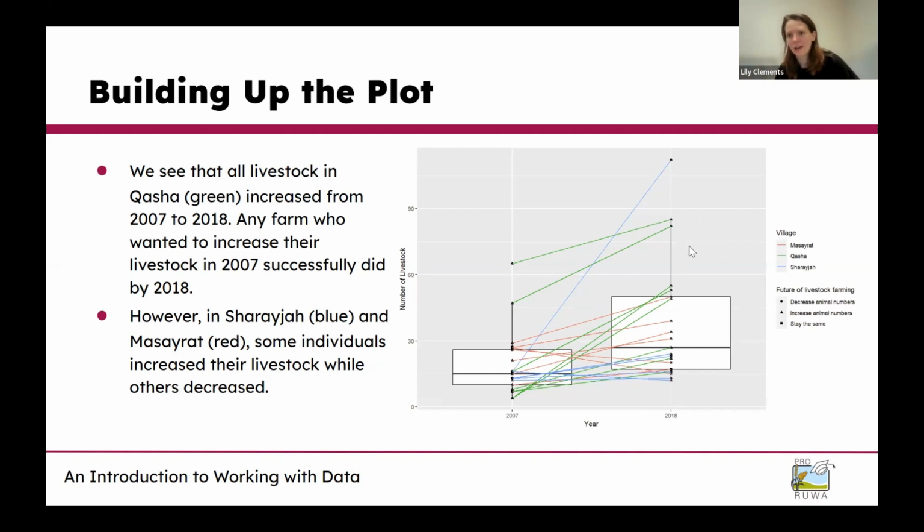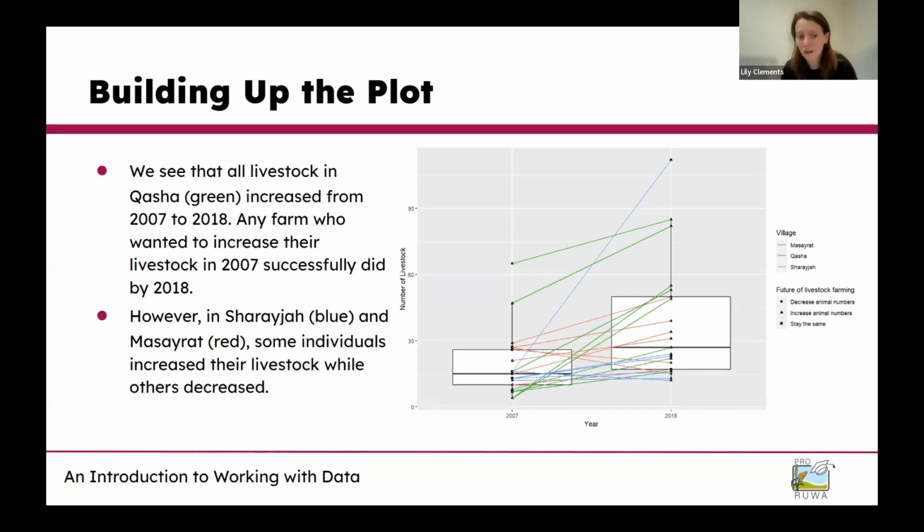Every single green line leads to a value that's higher in 2018 than it was in 2007. So we can just look at this and see that region has increased their livestock in that 10-year period. Any farm who wanted to increase their livestock in 2007 successfully did by 2018.